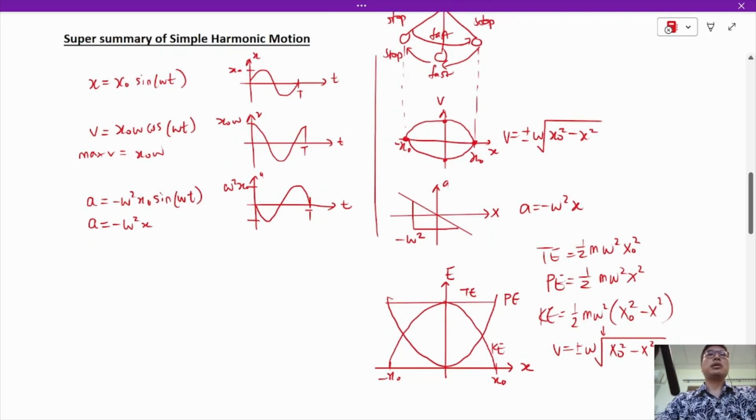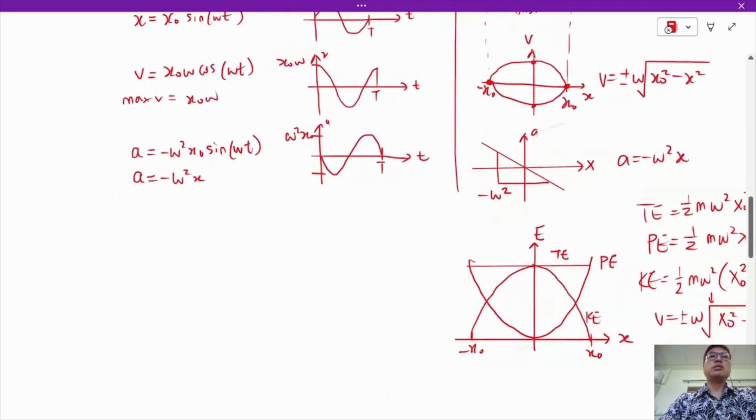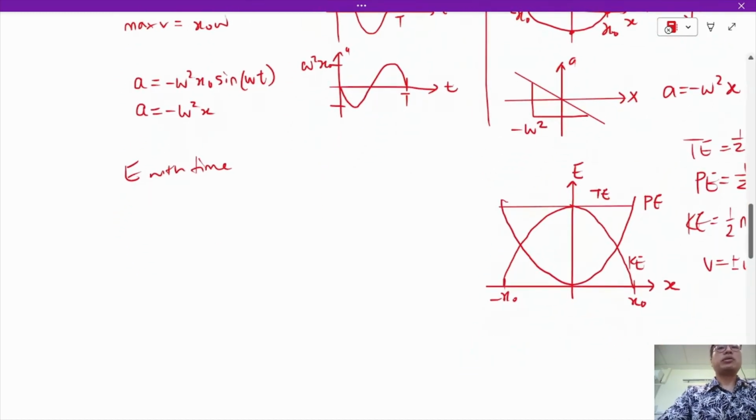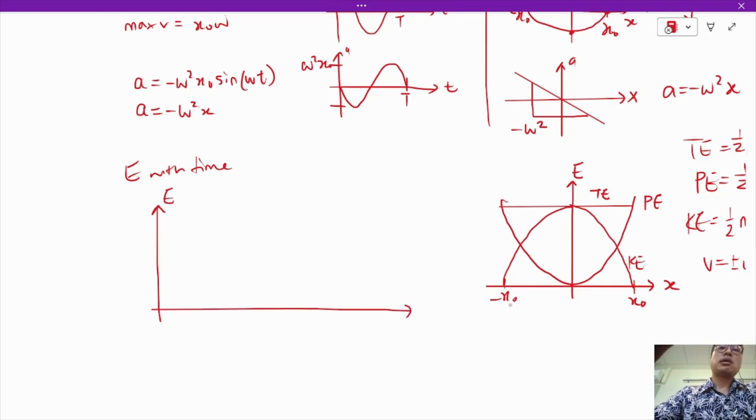Now, last but not least, let's talk about energy with respect to time. Let's take a look at how the energy with time graph is derived. So this is energy. As time passes, what remains constant is the total energy.